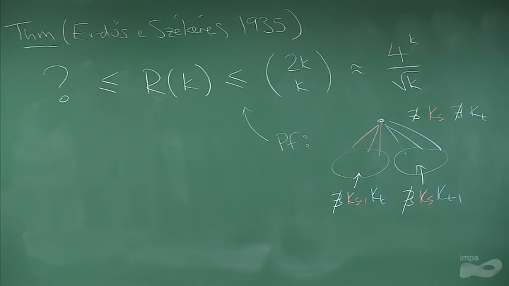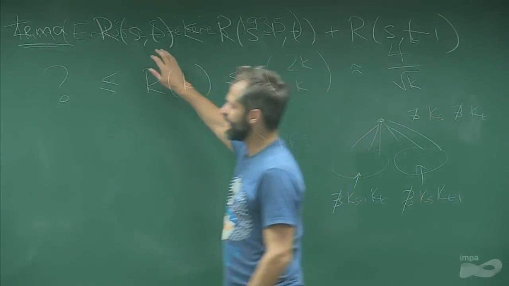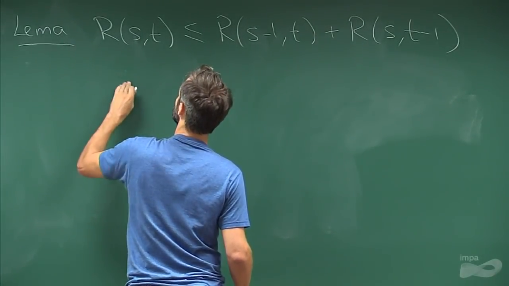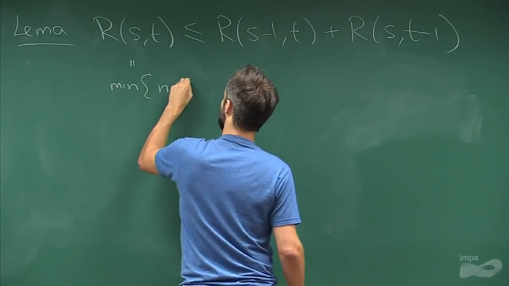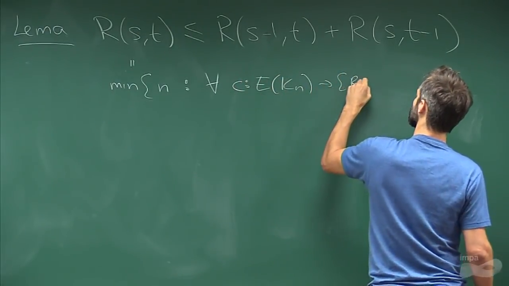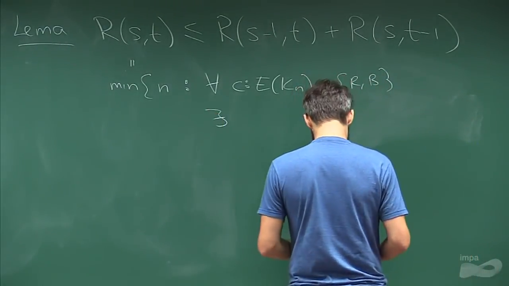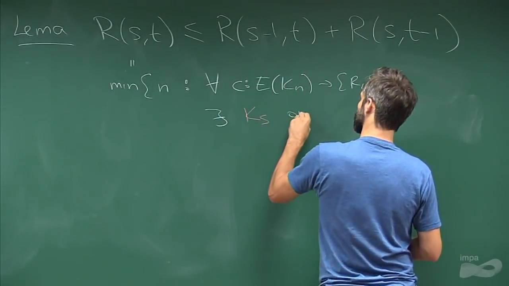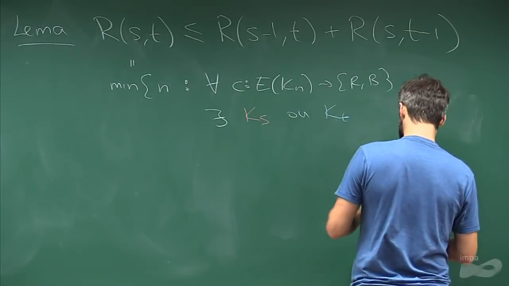Lemma: R(S,T) is at most R(S minus 1,T) plus R(S,T minus 1), where R(S,T) is the minimum n such that for every colouring of the edges of the complete graph with red and blue, there exists a red KS or a blue KT.